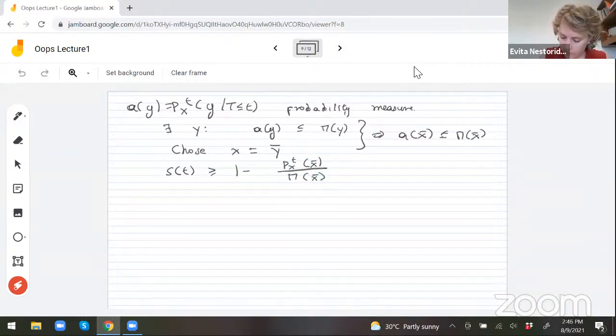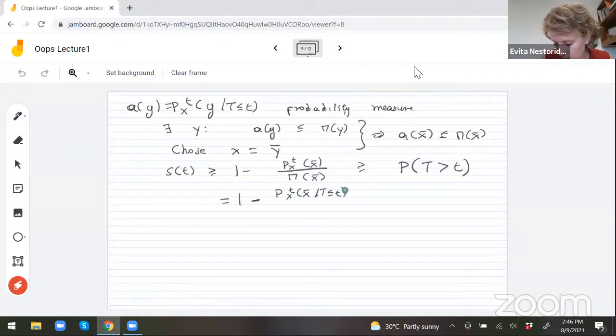So when we plug these things into the separation distance, using this inequality again, we get that this is bigger or equal than the tails of the stopping time that I defined at first. If I should do it slowly, it's because we said this is equal to t having occurred times the probability that t has occurred divided by pi of y.